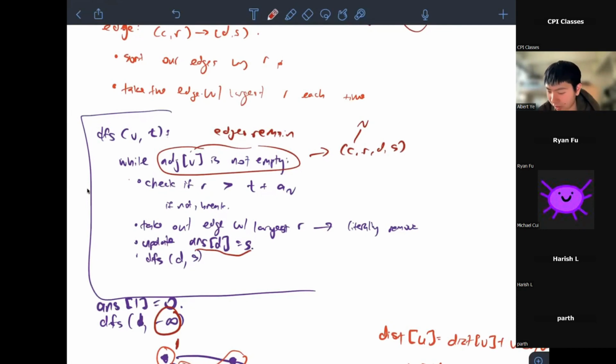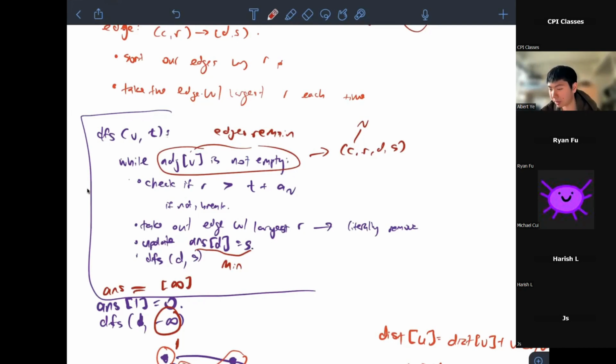I also forgot the answer should initially be set to a list of all infinities, but that kind of goes without saying, and this is basically a min operation, but this also goes sort of without saying. So yeah, we basically just run DFS over and over again and check whether or not we can possibly enter at a latest time.